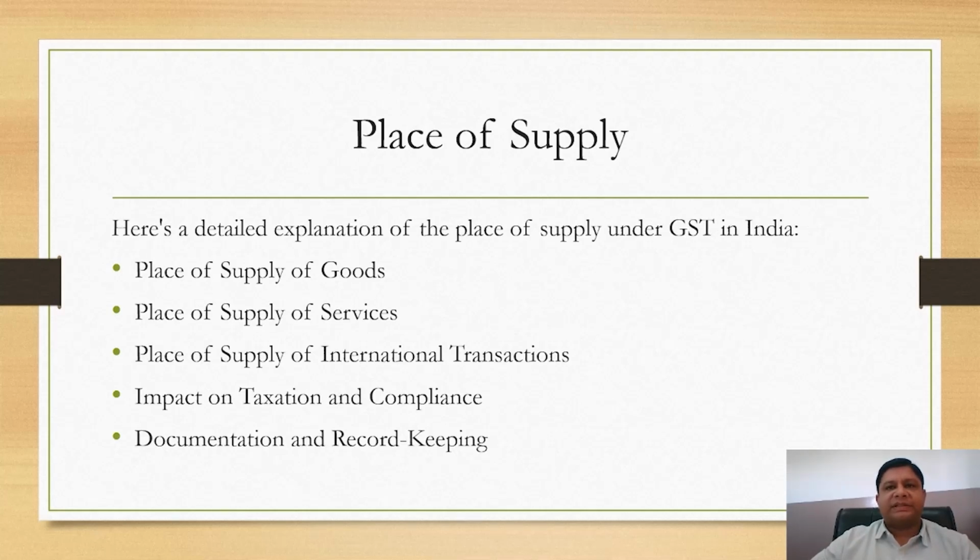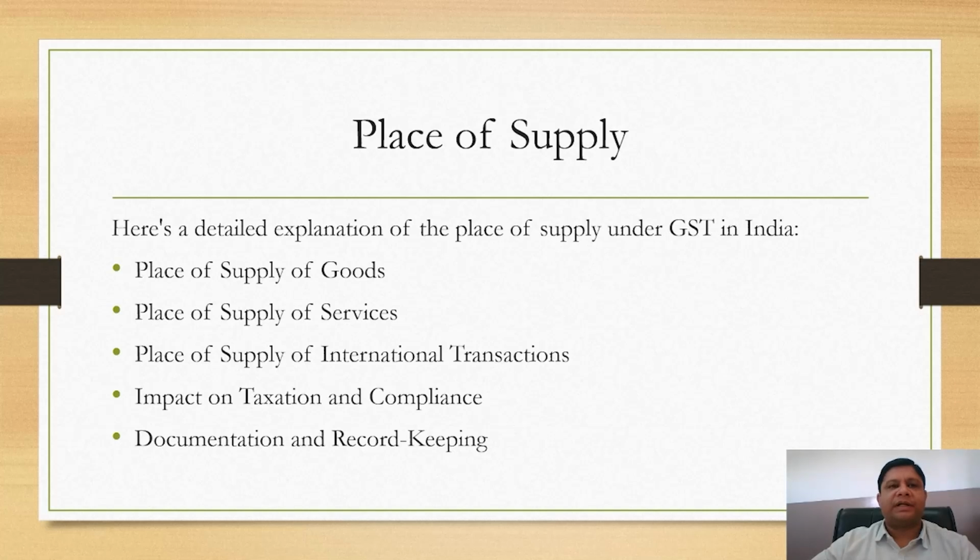Some key provisions include, point 1, the place of supply of services shall be the location of the recipient of services except for certain specified services. Various specific rules are provided for determining the place of supply for services such as transportation, telecommunication, banking and financial services, insurance, immovable property related services, etc.